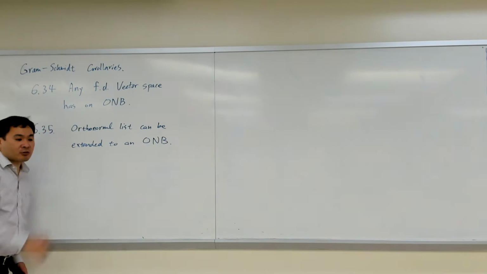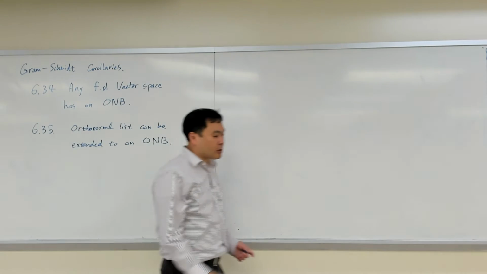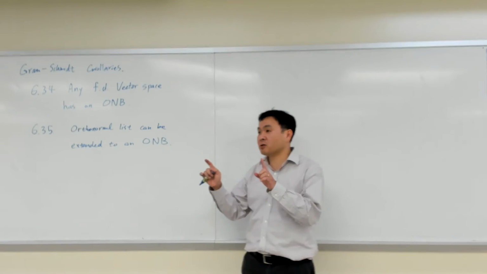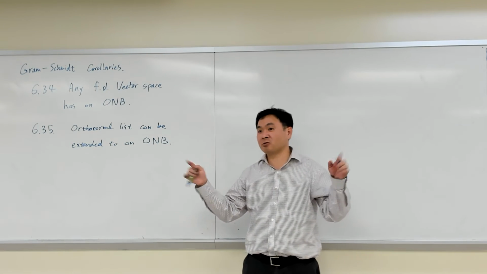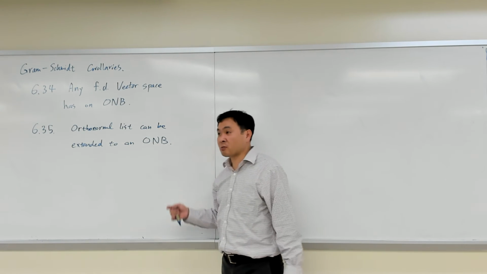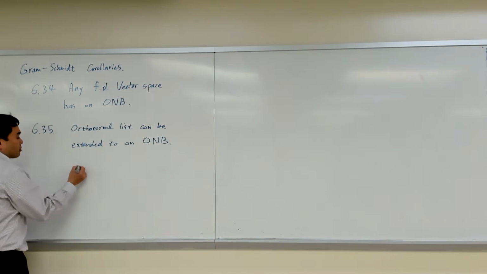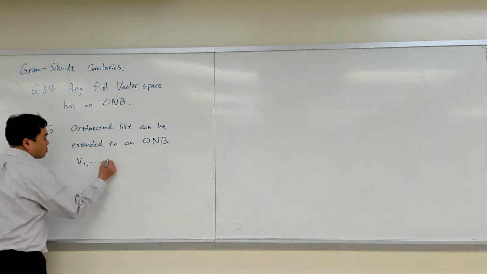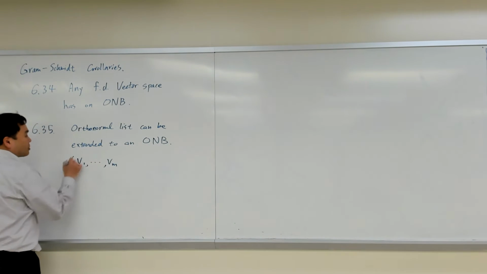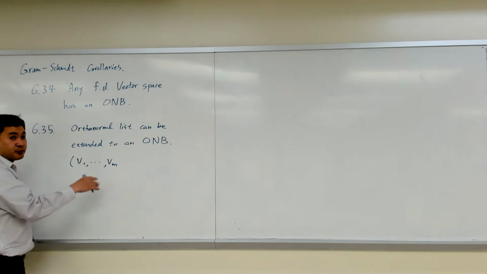And this is just a similar statement to saying that if you have a linearly independent list, you can extend it to a basis. That was something that we proved a long time ago, right? So what you do is, if you have V1 through Vm, which is linearly independent and orthonormal.